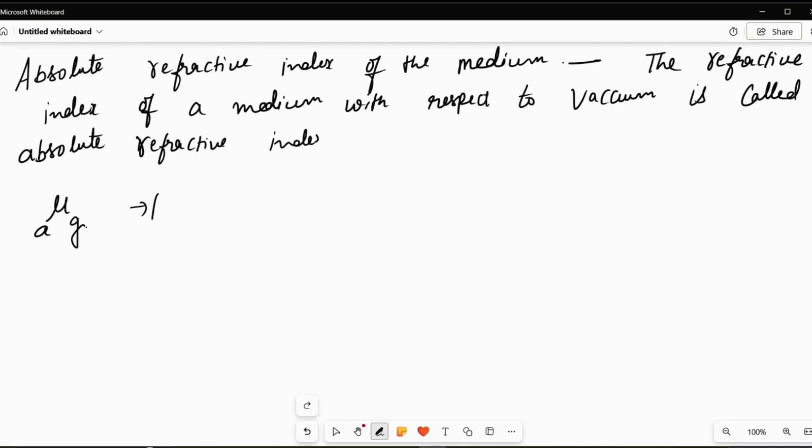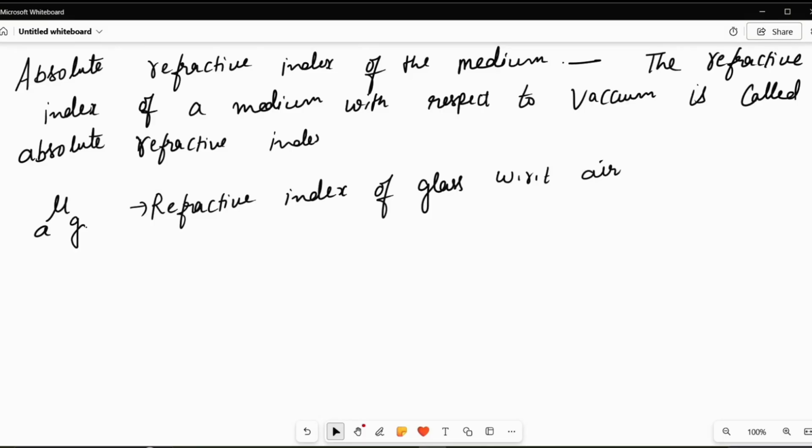Refractive index. Okay. So the refractive index of glass with respect to air. What does it mean?